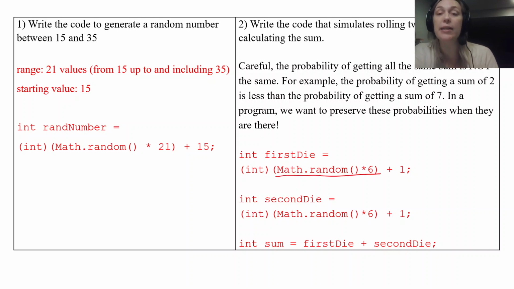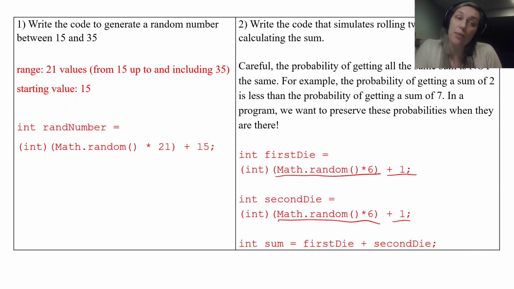So math.random times 6, because there's 6 values on a dice, and then plus 1. Times 6 plus 1. So when you roll a single dice, the probability of getting a 1 through a 6 is the same on each of them. So you're simulating rolling 2 dice, and then to calculate that random sum, you just add those 2 random numbers together, and you're going to have a random sum.